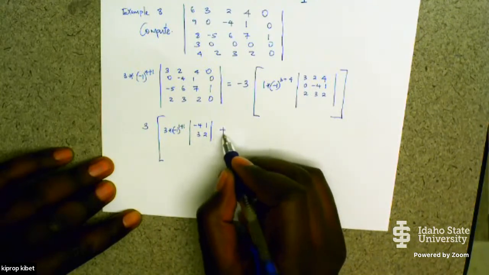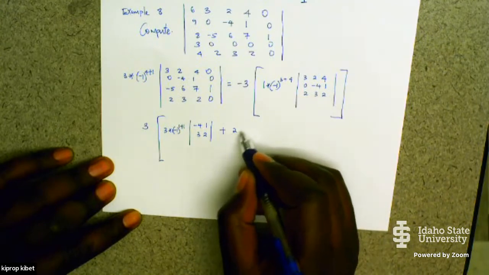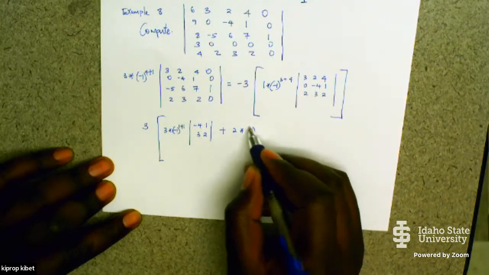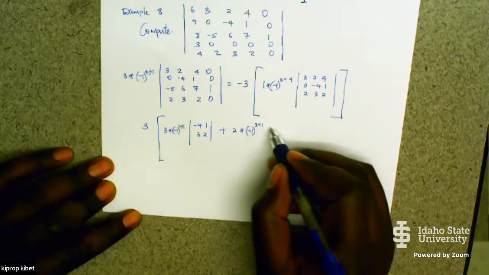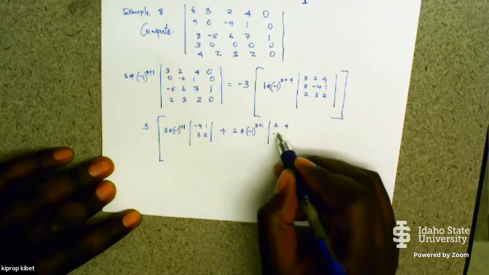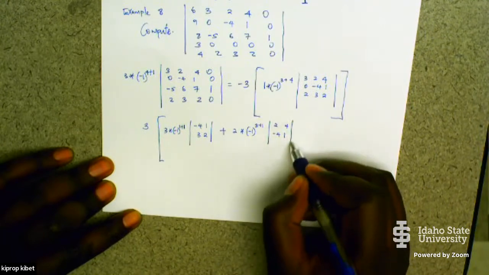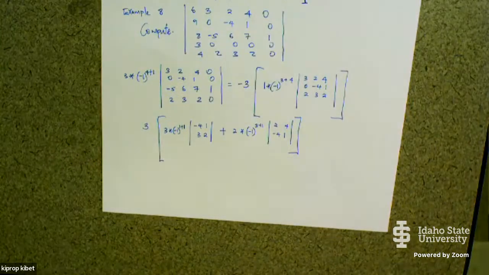And then plus the last one here, 2 multiplied by negative 1 raised to 3 plus 1, and then the determinant of 2, 4, -4, and 1. Okay, right.